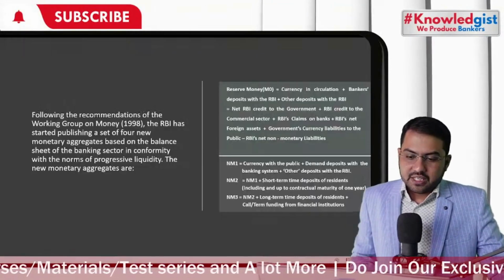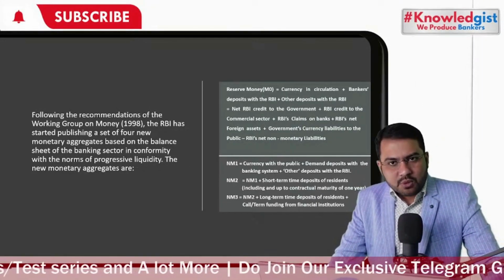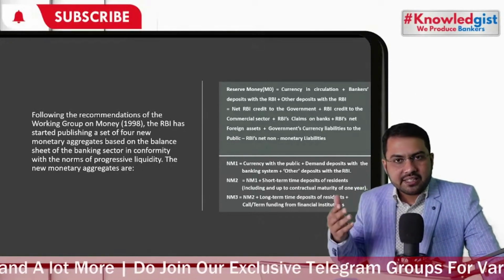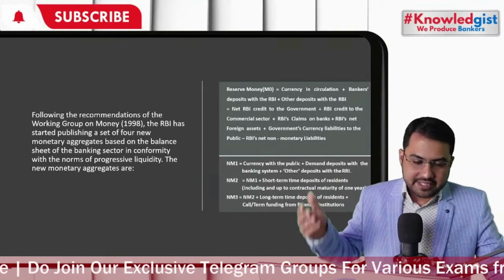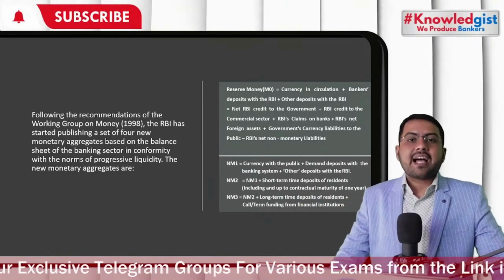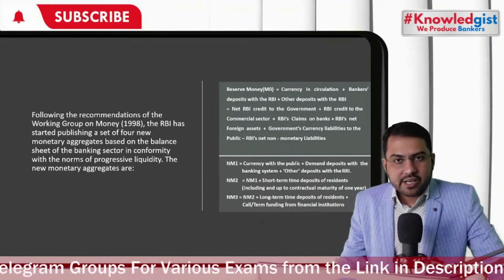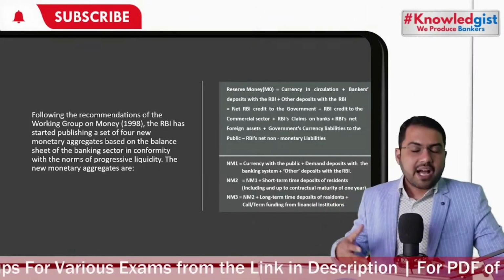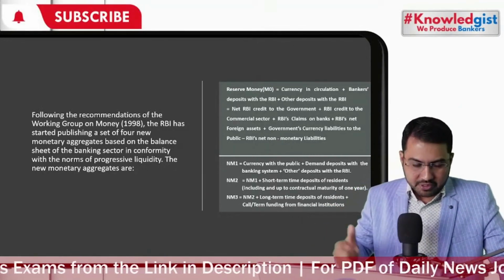Clear? So now that M0 to M4 is on the basis of the second working group recommendation in the year 1977. Now, in the year 1998, there was another committee which recommended another form of monetary aggregate. Like this M1, M2, they set another way of calculating the monetary aggregates for the economy.